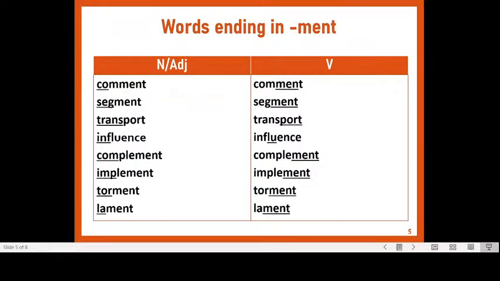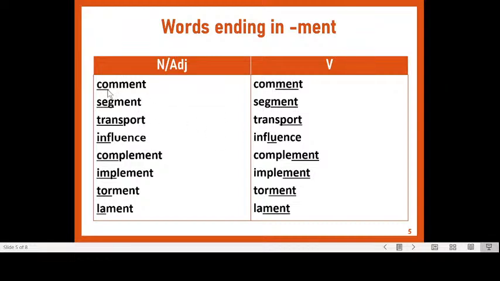Okay, next, again, we have words that are verbs and nouns or adjectives at the same time. They have 2 parts of speech, but these words end with ment. Whether ment is original or it's a suffix, it doesn't matter. Development, for example. But development, the verb is develop. Okay.